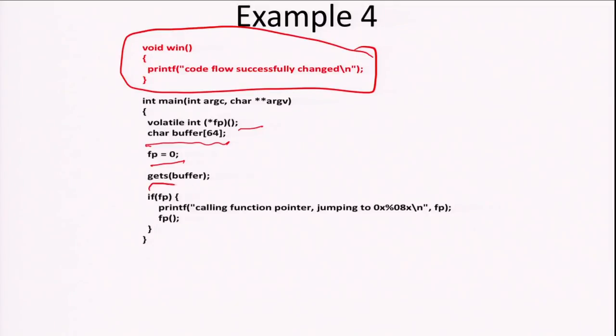We get a value from the input into the buffer, and if the size of that input is above 64, then hopefully we'll be able to change the function pointer variable's value. And if we can change this value to the address of this function win, then the function win will be executed. So let's see how we do this.